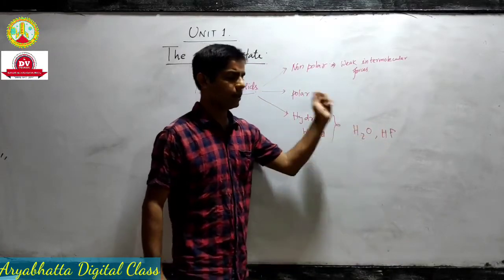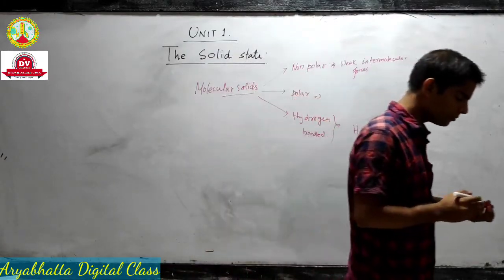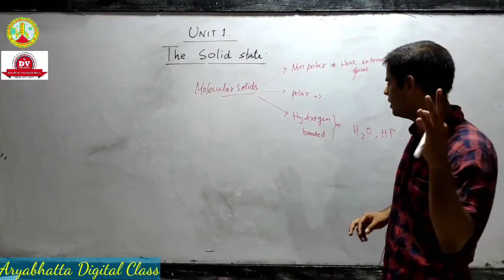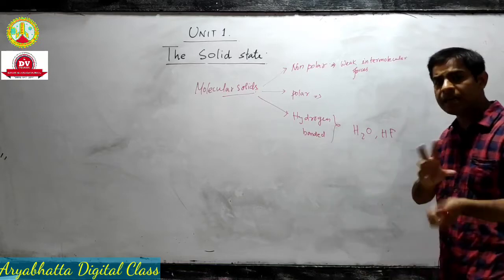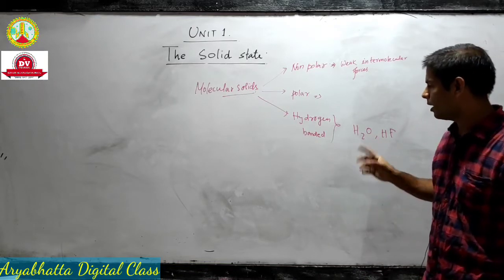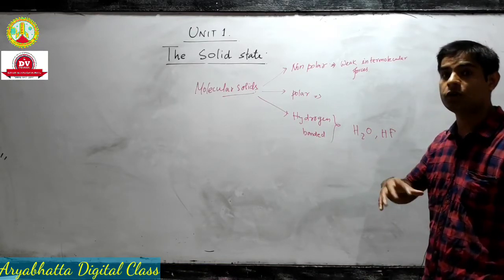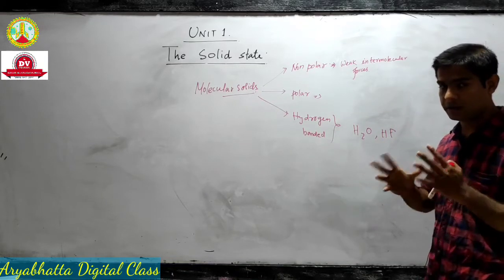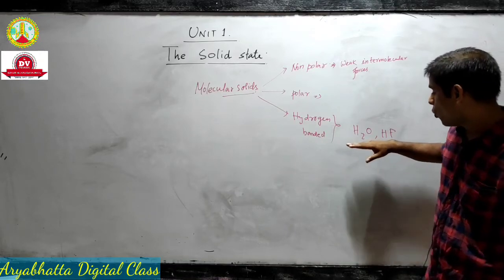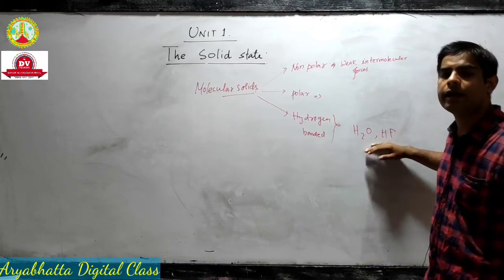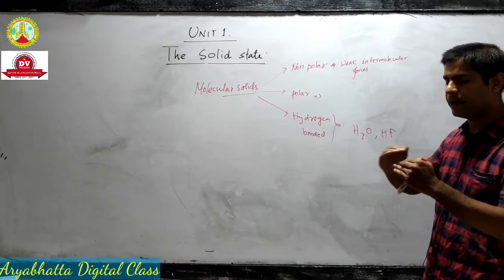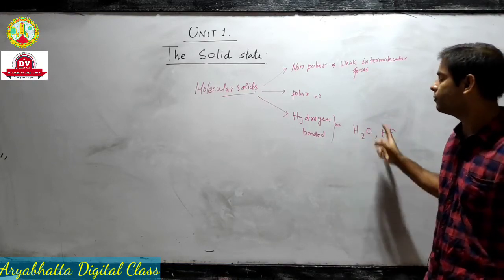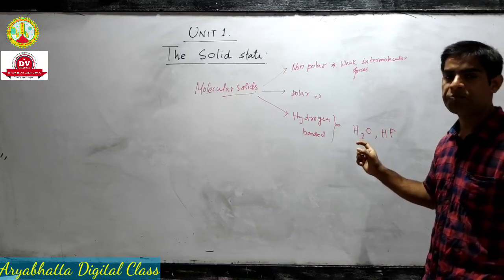I told you earlier in class 11, in chemical bonding, that for any question related to melting point, boiling point, surface tension, think of hydrogen bonding, you know that trick. So water and hydrogen fluoride have comparatively higher melting and boiling points. And why? Because of this hydrogen bonding.